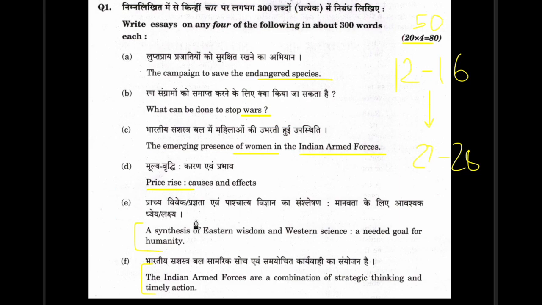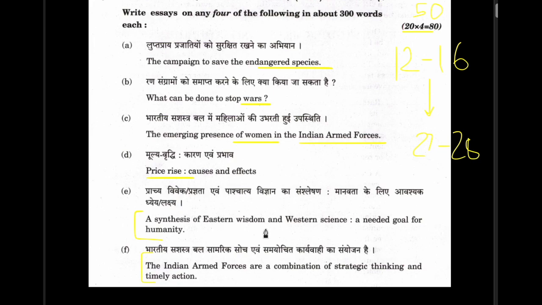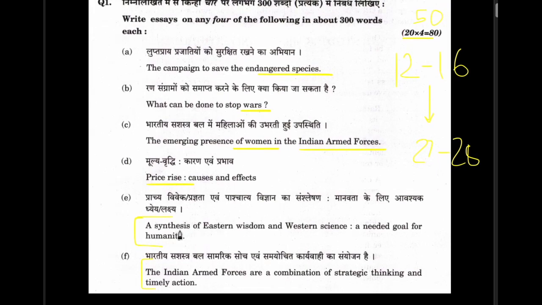And especially this question, Eastern wisdom and Western science, I would not suggest you to attempt this. Yeah, I attempted this in the exam because I was very good at this topic. I knew a lot of content in this. But yeah, normal candidates, please avoid attempting this question.